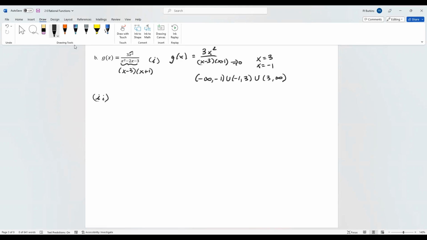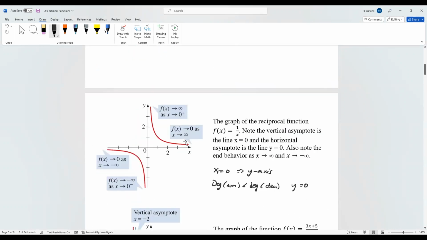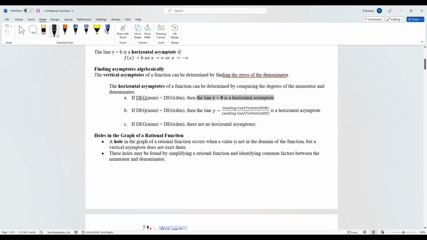Well, at the beginning, we had x squared and x squared. So the degree of the numerator was equal to the degree of the denominator. So if that's the case, then what did it say? So let's look back up. It says if the degrees of the numerator and denominator are equal, then the leading coefficient's quotient gives us the horizontal asymptote.